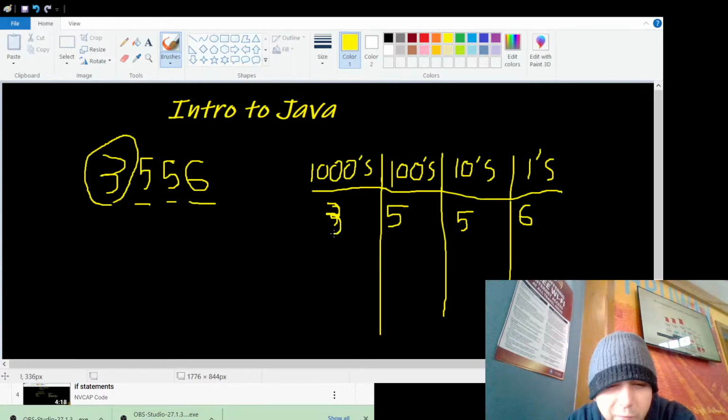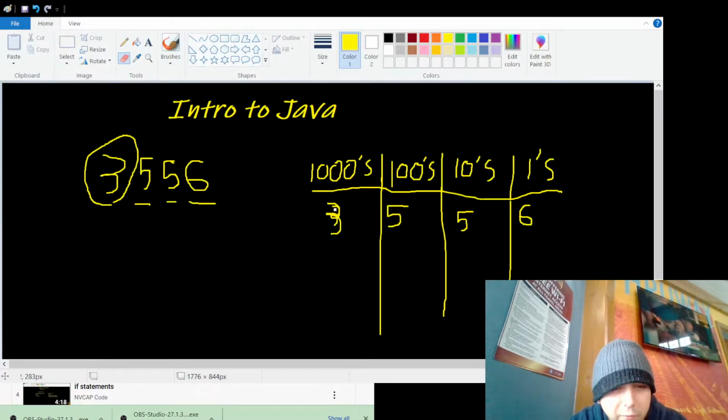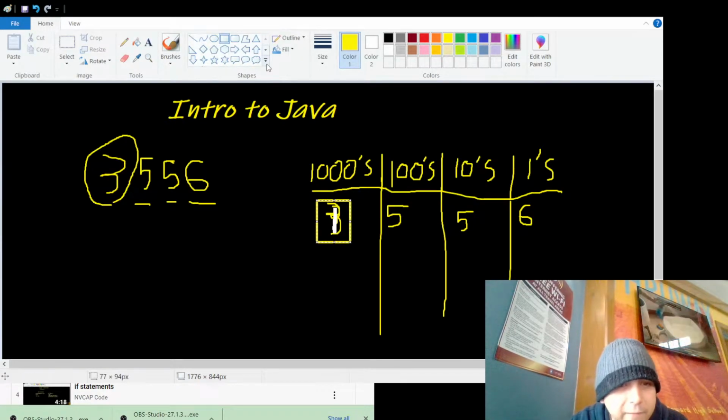I just want to draw a better 3 than that. That's a terrible 3. I'll try to redo my 3.